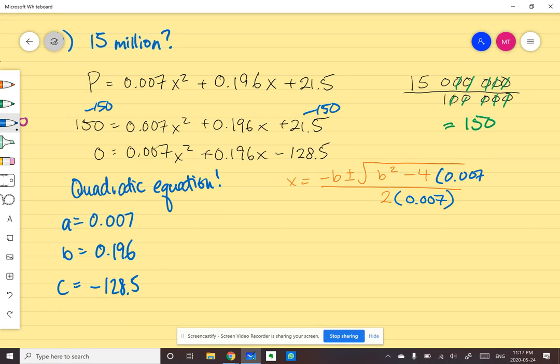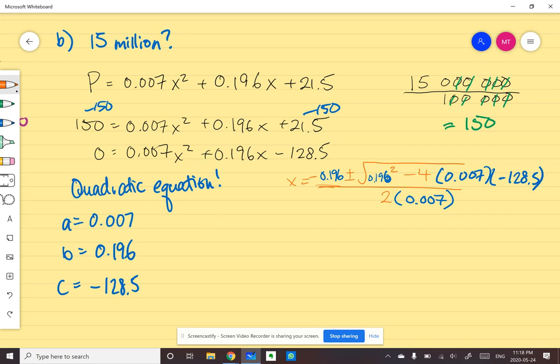So c is negative 128.5, and b is going to be 0.196. Same thing for here, 0.196, but make sure you get that negative in the front.